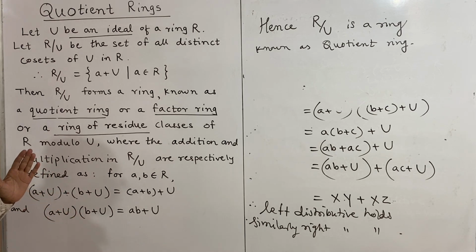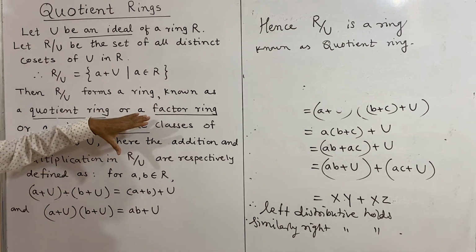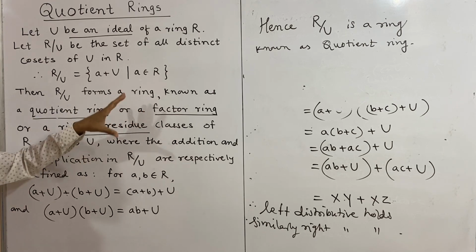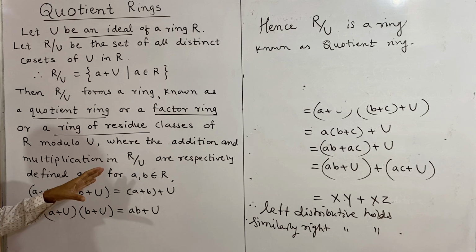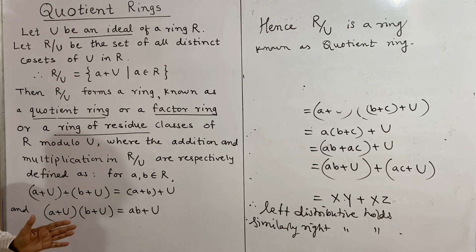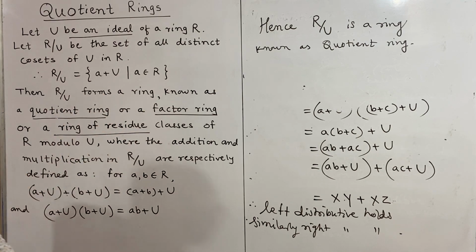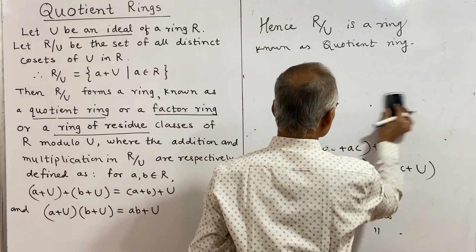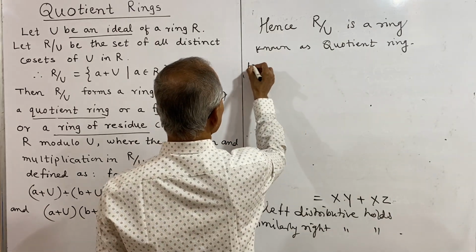It is known as a factor ring because this quotient ring divides the original ring into parts. It may divide the ring into parts, or it factors the ring, and therefore it is known as quotient ring or factor ring. Now the example we shall consider is an example of a quotient ring.